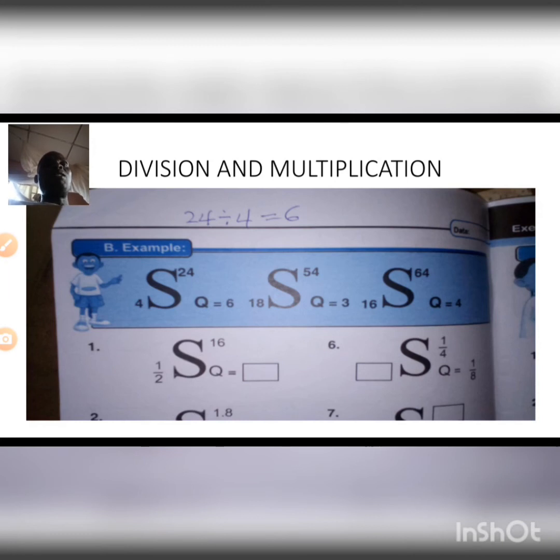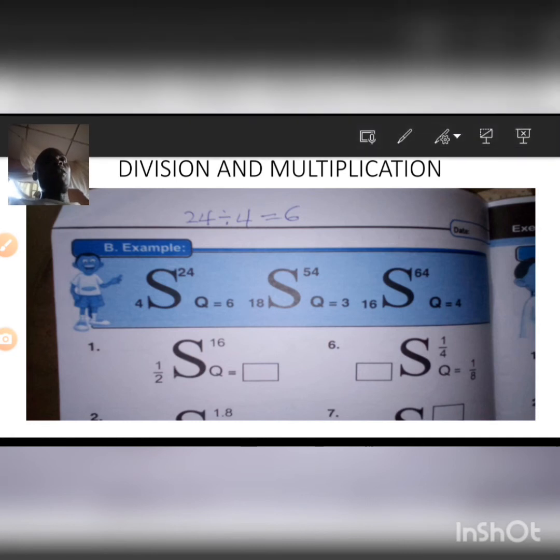So how are these numbers related? Well, when we divide the number at the top of the S, which is 24, by 4, we get a 6. Yes, we get a 6.